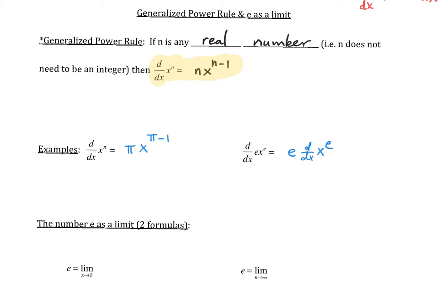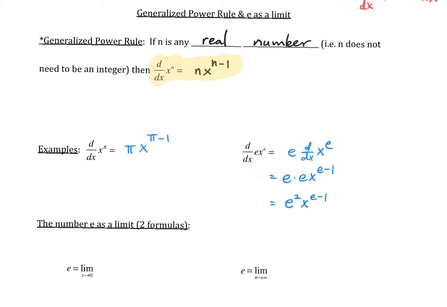And then when we want to find the derivative of that, we have to use our generalized power rule. So this becomes e times, you bring down the e, and then you subtract 1 from the exponent. So it's e times x to the e minus 1, which we could simplify to e squared x to the e minus 1. Okay, so we have those two examples.